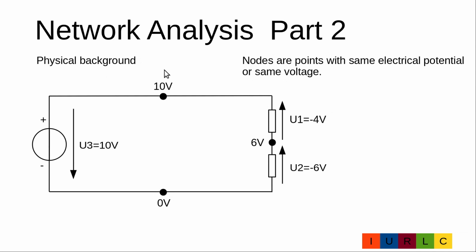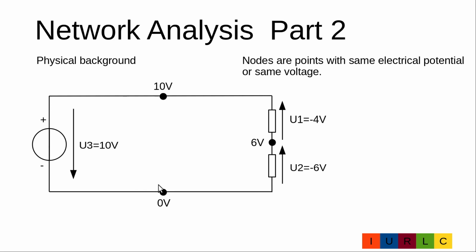The physical background is that nodes are points with the same electrical potential or the same voltage. So we had at this node the same voltage or electrical potential. We had at this node the same voltage or electrical potential, and we had at this node the same voltage or potential.